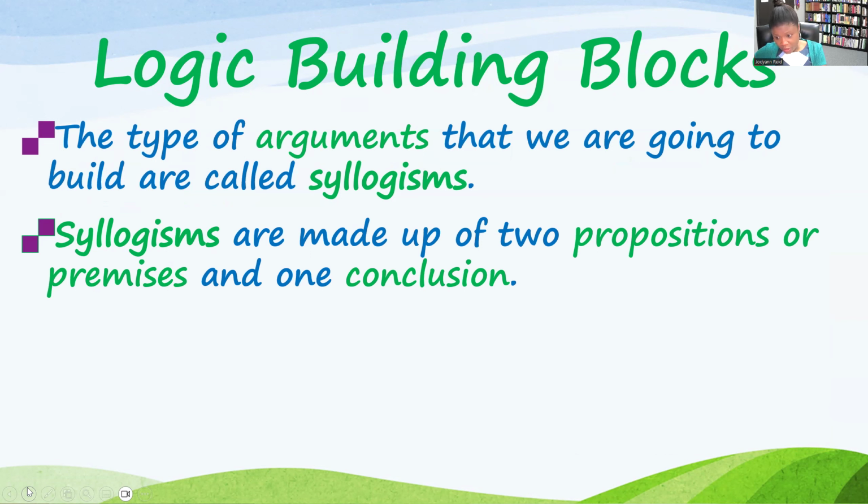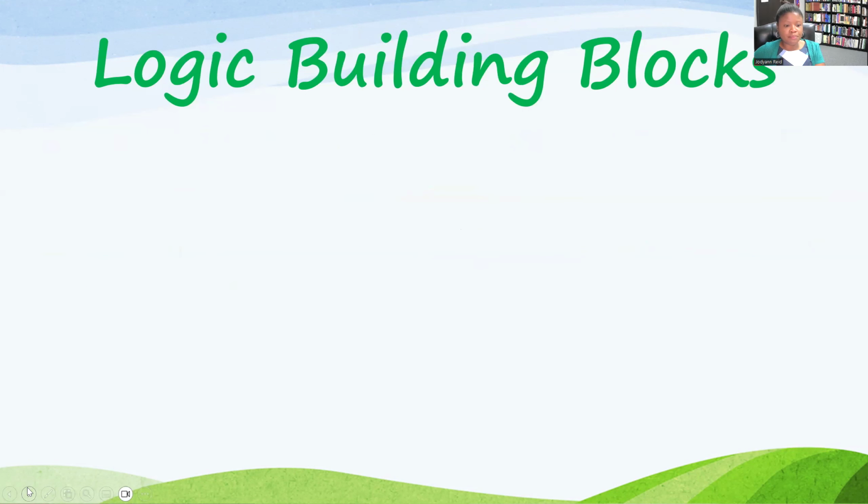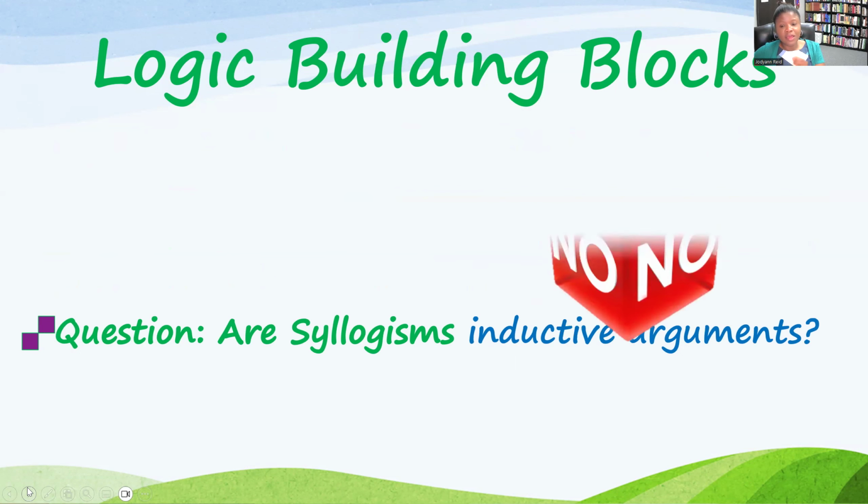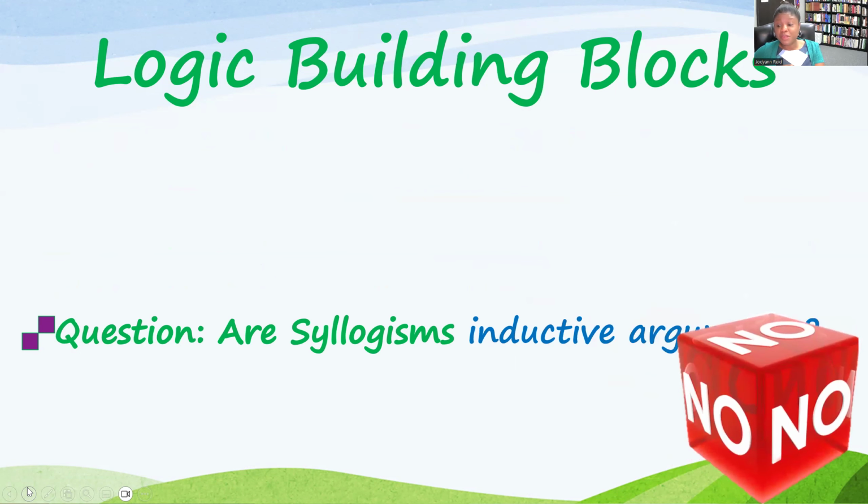An example is what we saw before with Halle Berry and Lucy. Two propositions that create premises and one conclusion. So question, are syllogisms inductive or deductive? Are syllogisms inductive? No, they're not. They are deductive.